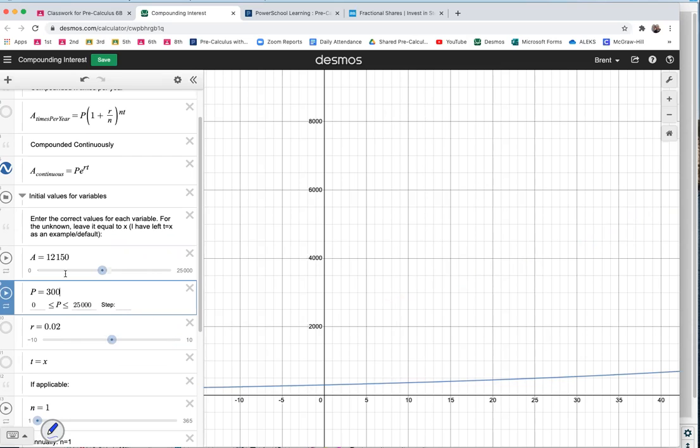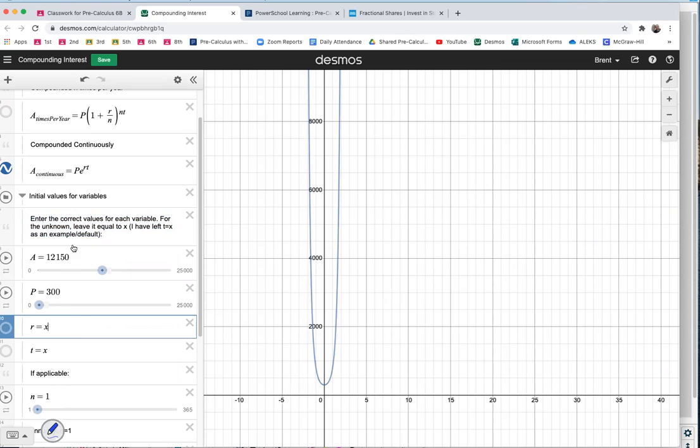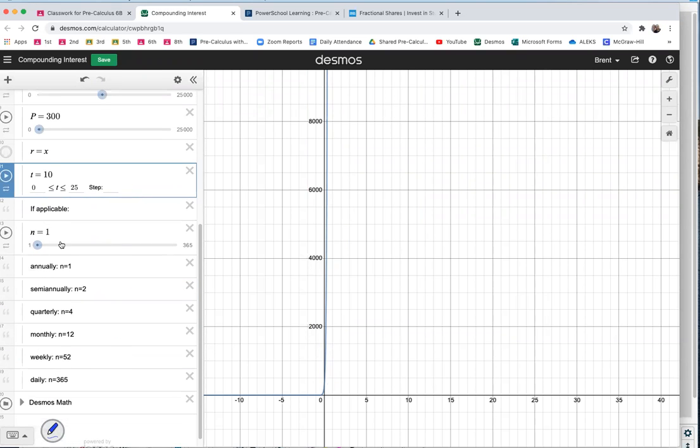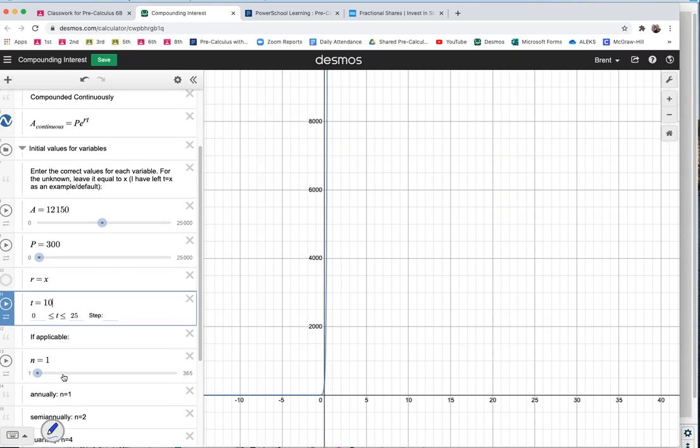The rate is unknown. Now what this instruction says right here, if you have something that's unknown, set it equal to X. So I'm going to put that R equals X. And T we said was 10. Now in our problem, we don't have an N, so you don't have to worry about that if applicable part right there.